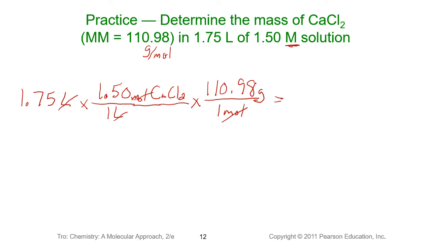Multiply across the top, divide by anything on the bottom, and so it would take 291 grams of calcium chloride to make our 1.75 liter solution of 1.5 molar concentration.